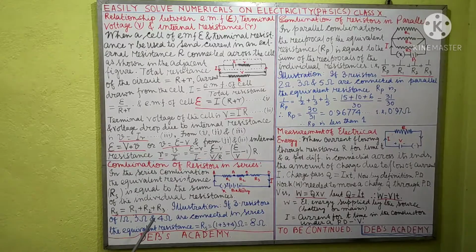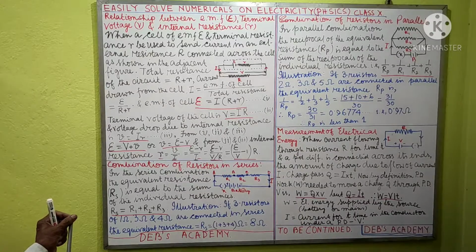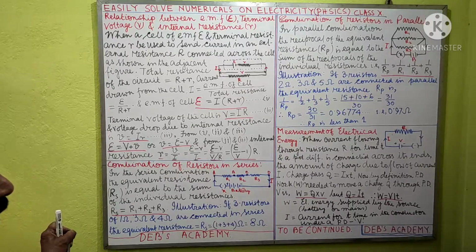All these are only to help you for your calculation in electricity, physics. You must follow this. Next, if the combination of the resistances is in parallel, the figure is adjacent. The reciprocal of the equivalent resistance Rp, resistance in parallel, is equal to the sum of the reciprocals of the individual resistances.